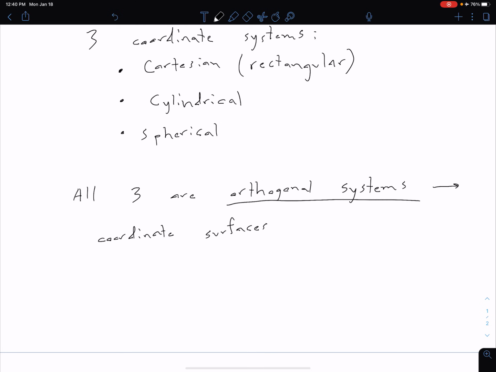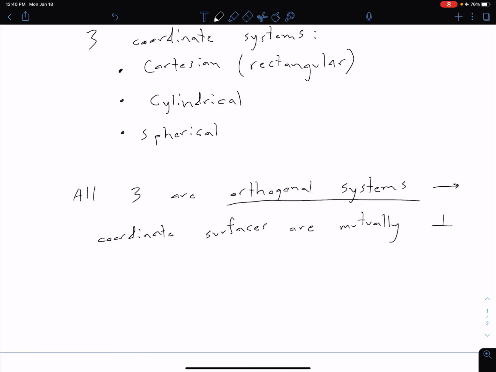That doesn't make a whole lot of sense right now because we've not talked about what our coordinate surfaces are for cylindrical and spherical, but we'll get into that in detail in some later videos. Right now, just note that all of these are orthogonal systems, so our coordinate surfaces are all mutually perpendicular.